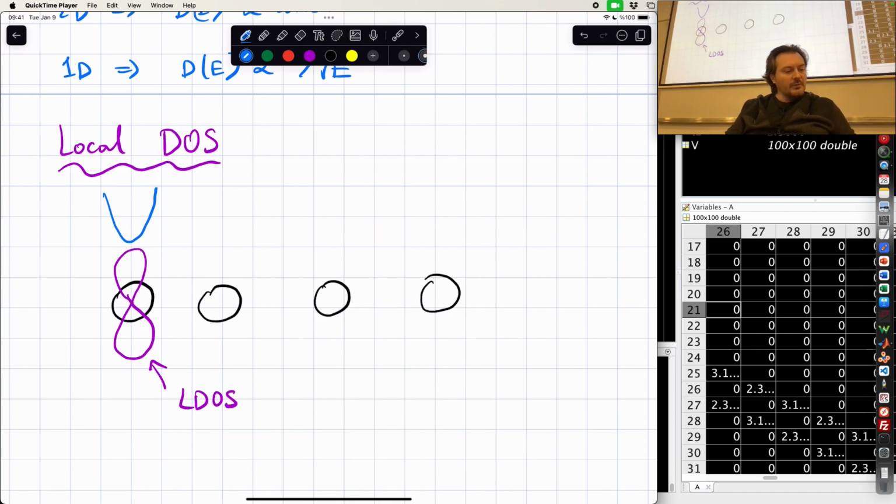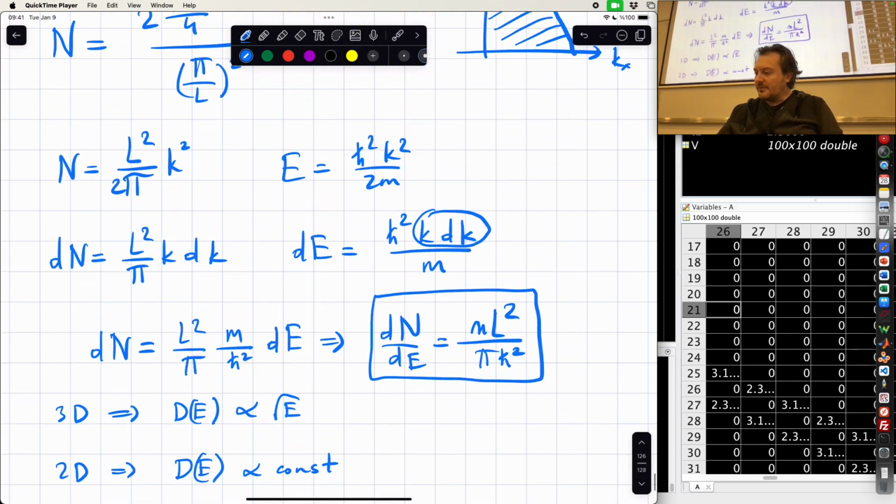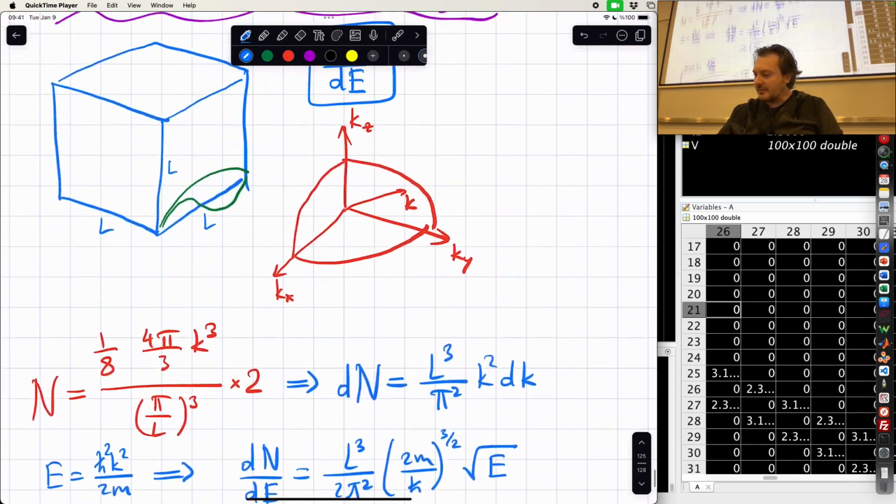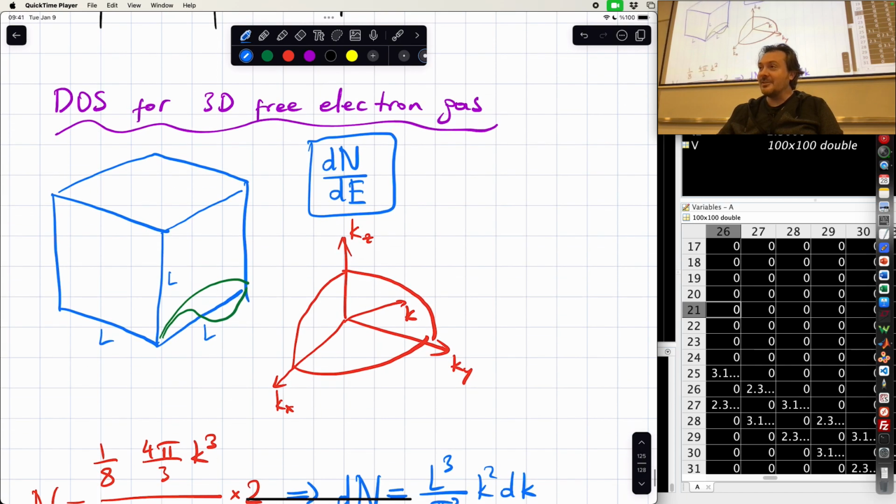Okay. Do you have any questions? Would it be fair if I ask you in the final to derive density of states for 3D or 2D electron gas? Because I skipped a lot of steps that could motivate you to learn them. We will still have a cheat sheet, right?